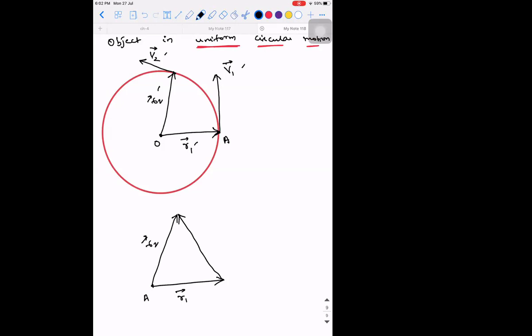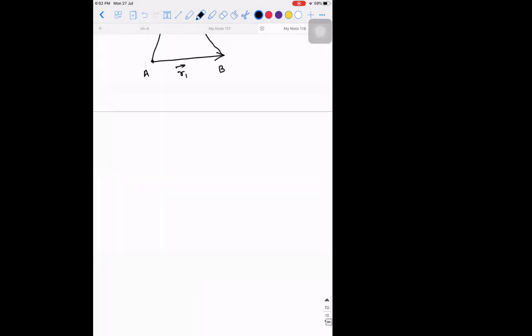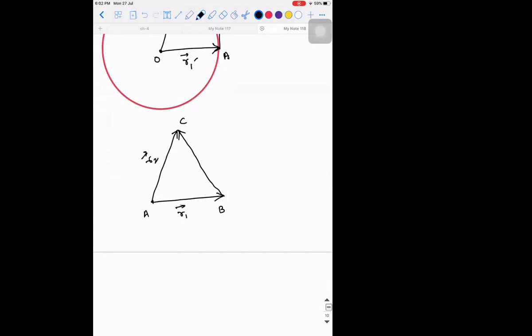Let this be A, B, and C. Now, do you people remember the triangle of vectors? What does the triangle of vectors state? If two vectors are taken in order along the sides of a triangle, then the closing side of the triangle is given by the vector taken in the reverse order.